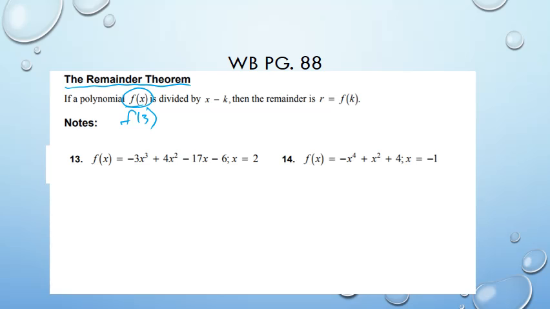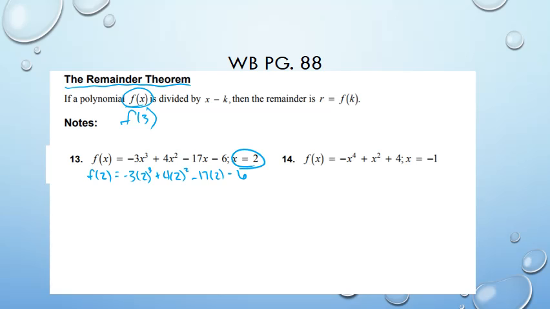So f of any x, if I divide that into a polynomial, the remainder that I get is actually the answer for f of 3. So what we would normally have to do, for instance, in number 13, what we used to do is we would take f of 2, since it's saying it wants x equal to 2, and you'd plug it in for every x value.